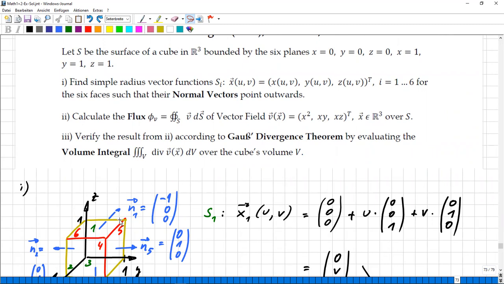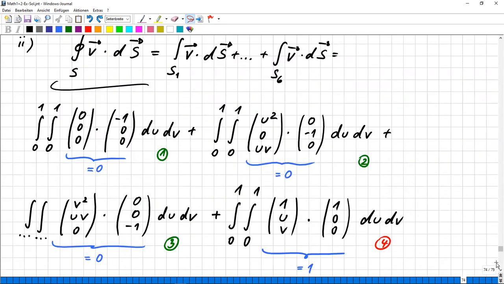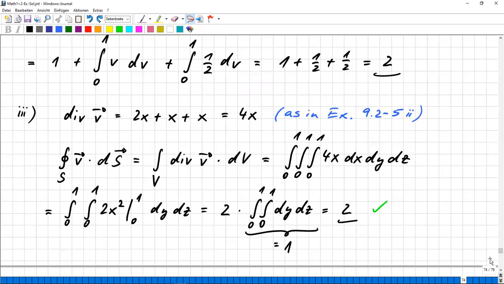And this is quite simply done now in the next step, where we perform a real volume integral, which is, you could say, a triple integral performed as an iterated integral with 3 steps. And as you see, the divergence of the vector field is quite simple.